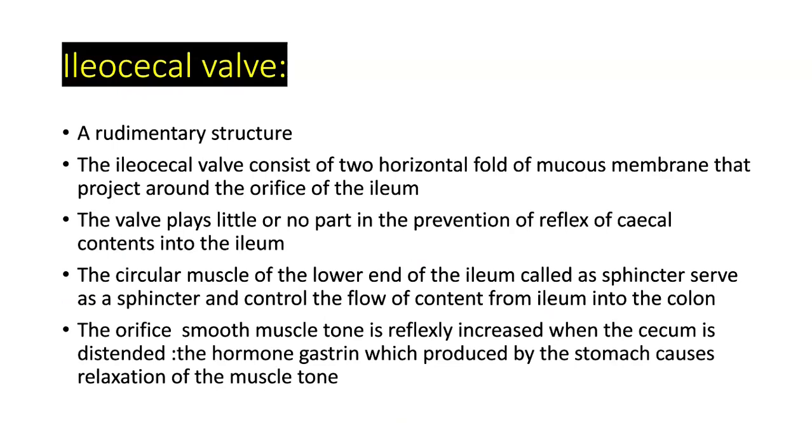The circular muscles of the lower end of the ileum serve as a sphincter and control the flow of content from the ileum into the colon. The smooth muscle tone is reflexively increased when the cecum is distended. The hormone gastrin, which is produced by the stomach, causes relaxation of the muscle tone.